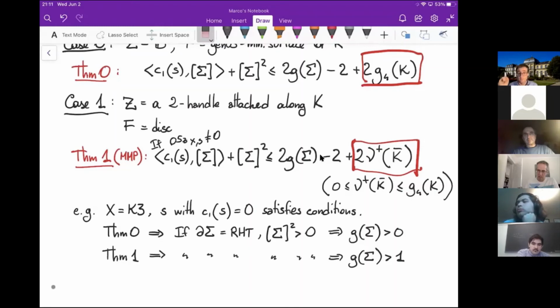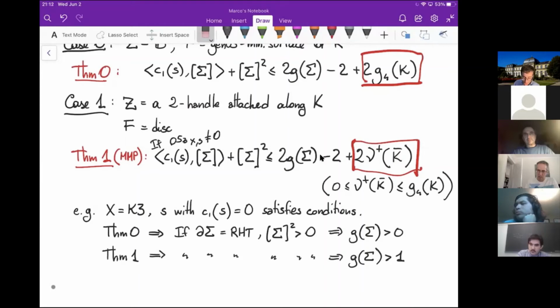One thing that theorem 1 doesn't tell you about is H-sliceness. Because if you want bounds on surfaces that are null homologous, then the left-hand side of the inequality is 0, and the right-hand side is always non-negative, because nu plus is greater than or equal to 0, and g of sigma is positive by the hypothesis of the adjunction inequality.